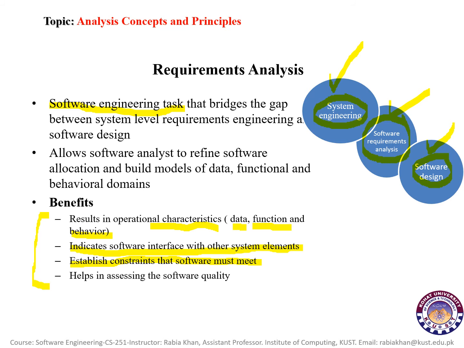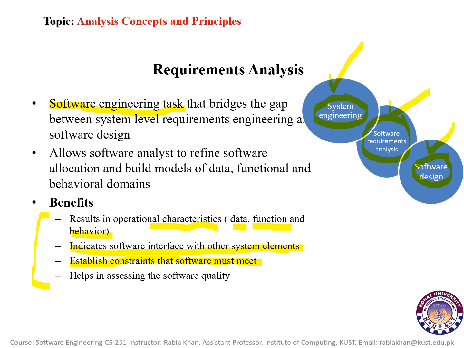Requirement analysis allows the software engineer, which we also call the system analyst or normally an analyst, to refine the software allocation and build models of the data, the functional and behavioral domains that will be treated by the software.